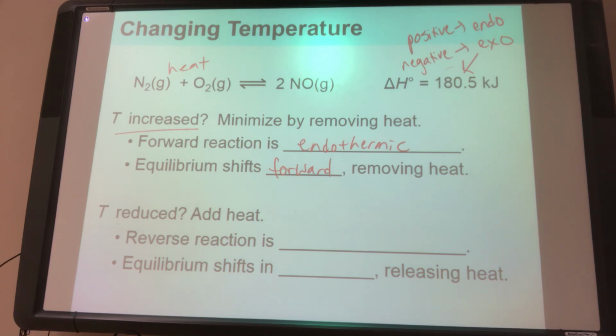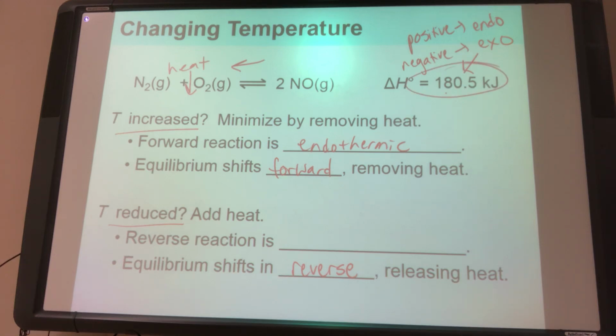All right, let's talk about if I reduce it. If the temperature is reduced, so this goes down, I need to shift towards it because I want to increase the heat. So the equilibrium is going to shift in reverse. If it shifts in reverse, it's doing the opposite of this.